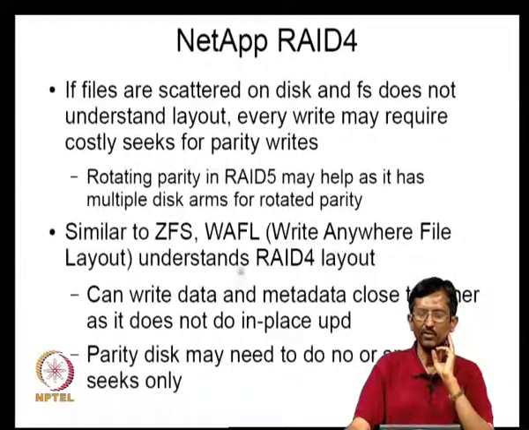So because of the write anywhere aspect, it turns out that the seeks on the RAID 4, what we thought was the problem with RAID 4, is not there in the case of NetApp, and that is why they are able to use RAID 4.